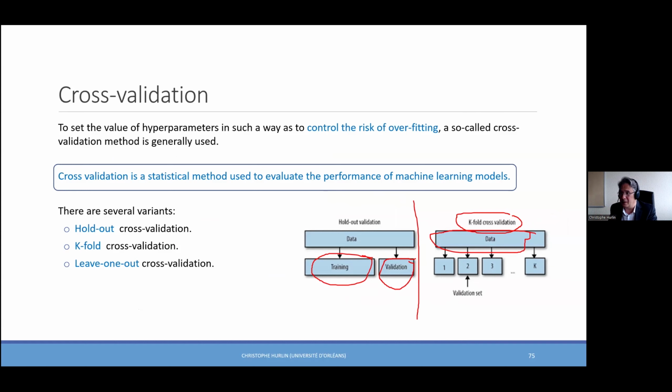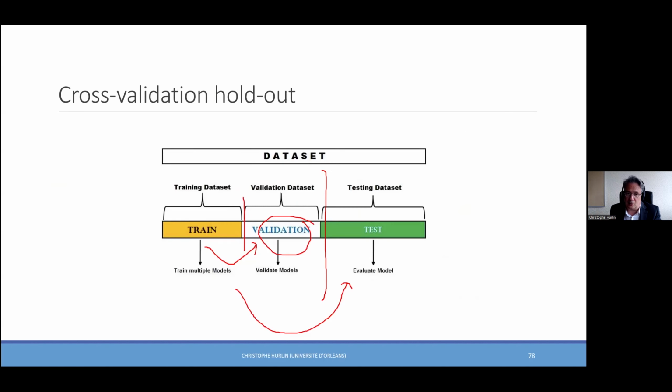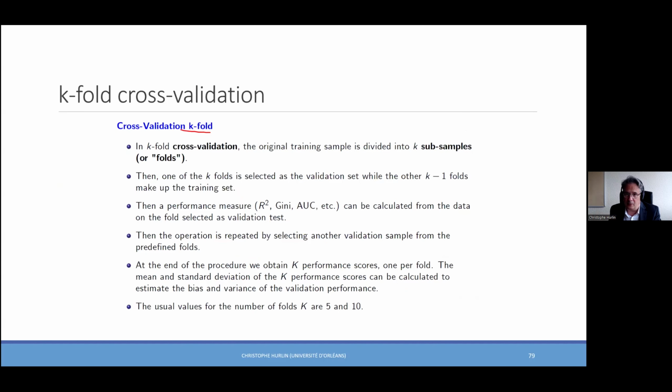This avoids having particular data in the training or particular data in the validation, and a particular diagnostic. So let me illustrate what is a K-fold cross-validation. You divide your original training sample into K subsamples. For instance, in general, we say K is equal to 5 or K is equal to 10.